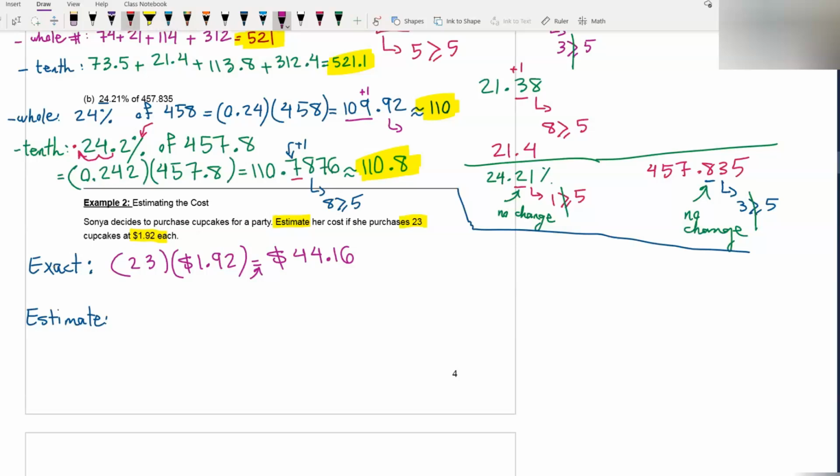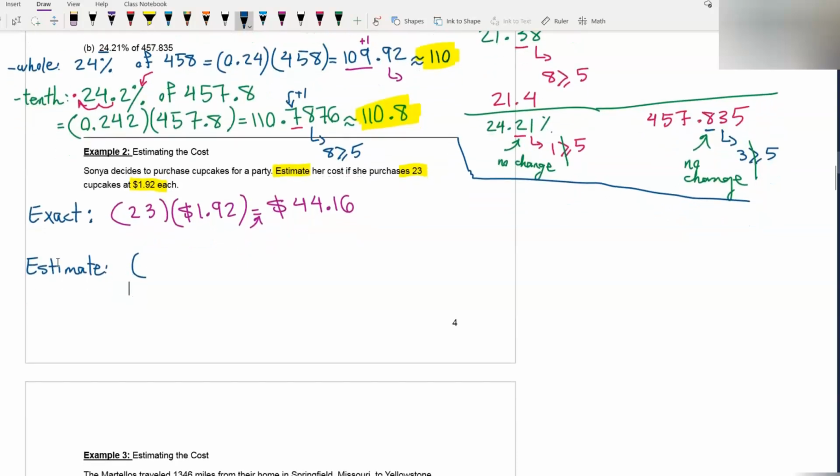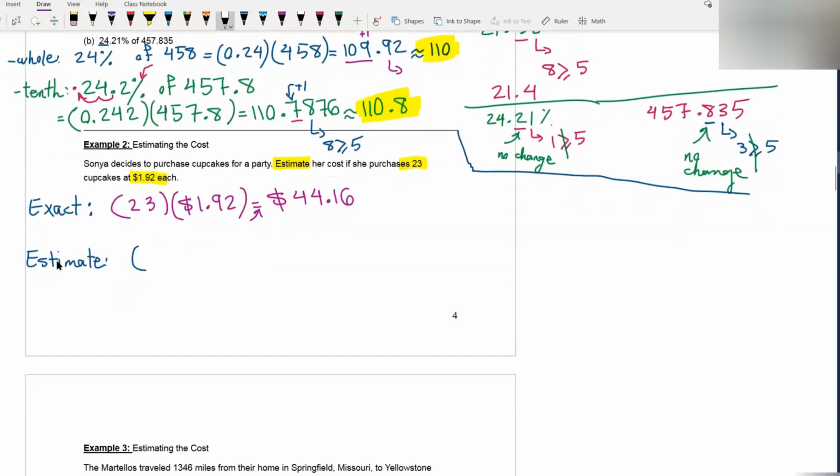Now the next one, we have to find the estimation. Since I have 23, let's use our method to round in this case, because we're trying to work on all rounding methods and learn all of these and apply them here.